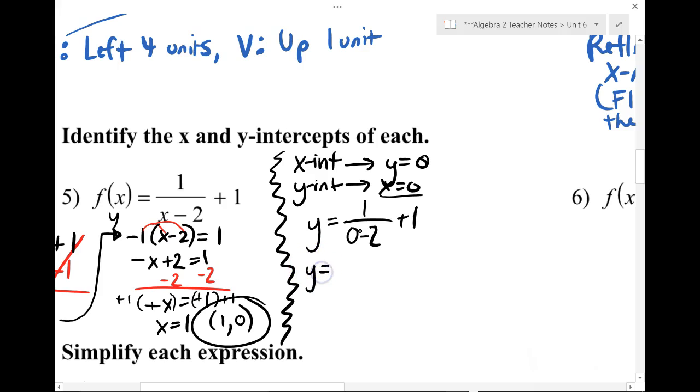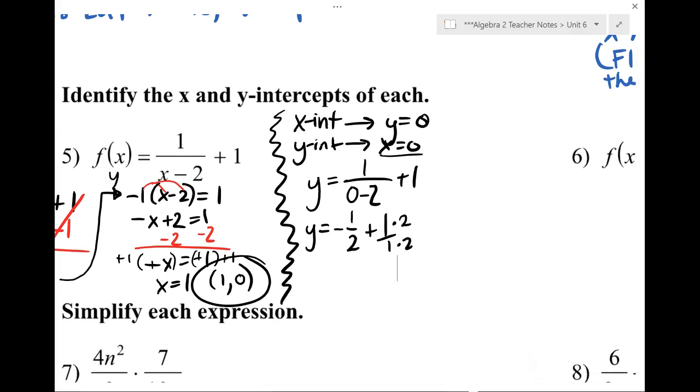So now 0 cancels or goes away, so now it's just negative 1/2 plus 1, and it's plus a fraction, so that means I need to change this to a fraction, and then find a common denominator. So I'll multiply the top and the bottom times 2, so I can make both of the denominators 2.